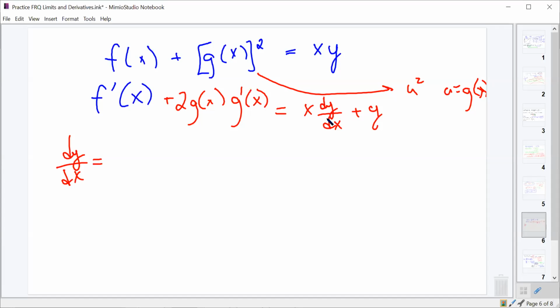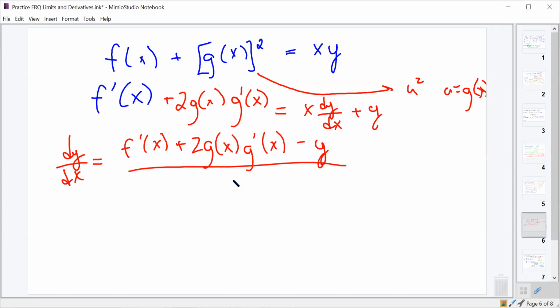So dy/dx should be equal to all of this: f prime of x plus 2g of x g prime of x minus the y, all divided by x. Everybody agree that that's dy/dx? Anybody have any issues with that so far?